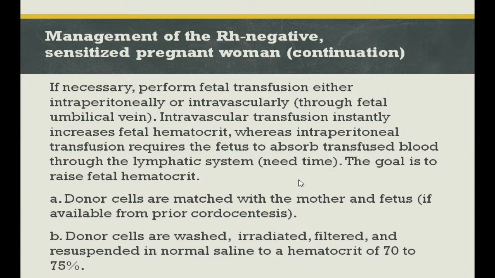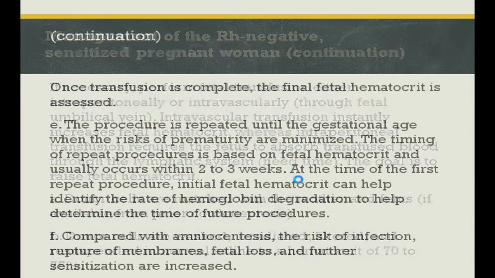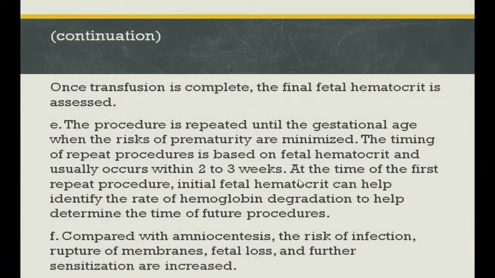So donor cells have to be matched with the mother and fetus. Donor cells are washed, irradiated, filtered, and resuspended in normal saline to a hematocrit of 70 to 75%. Once transfusion is complete, the final fetal hematocrit is assessed.